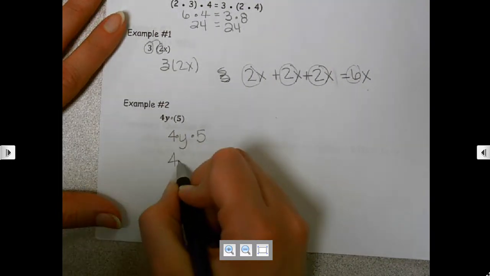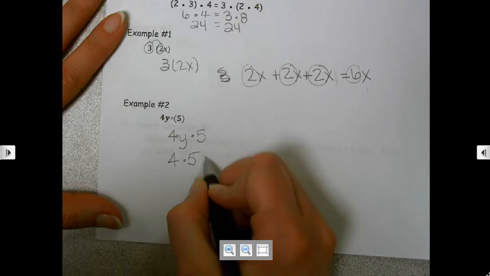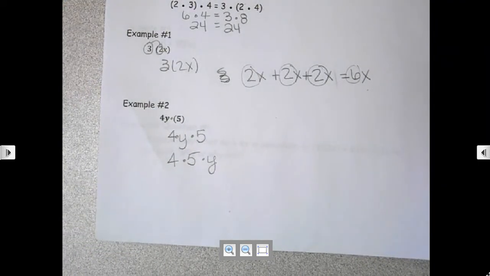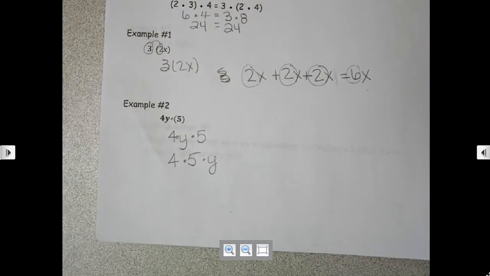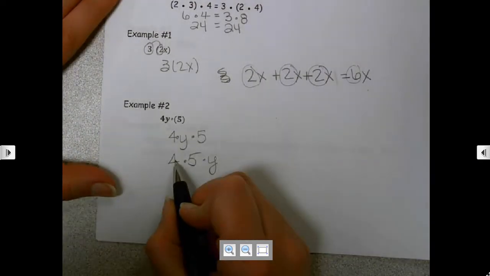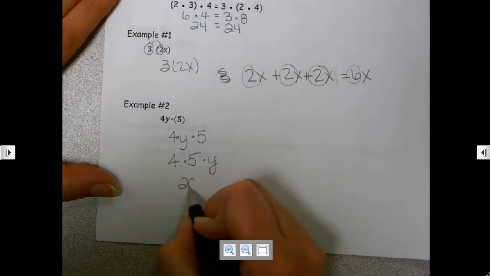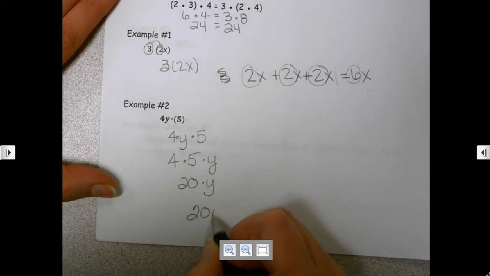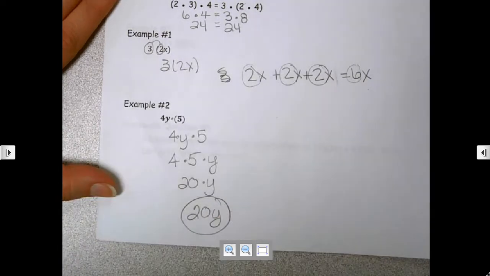So when we rewrite it, we have 4 times 5 times y. With the commutative property, we are not changing the answer. We're just making it easier for us to solve. Now I take a look. 4 times 5, I know is 20, times y. So our final answer is 20y.